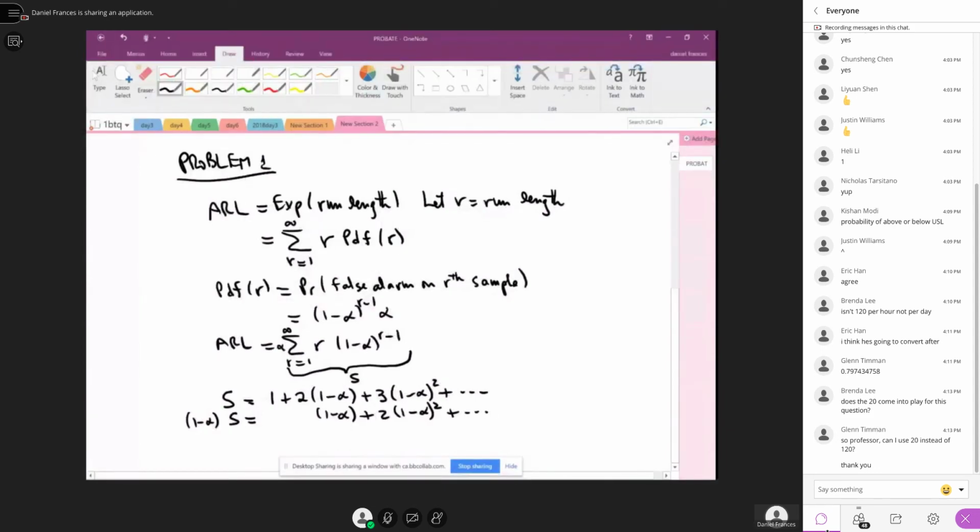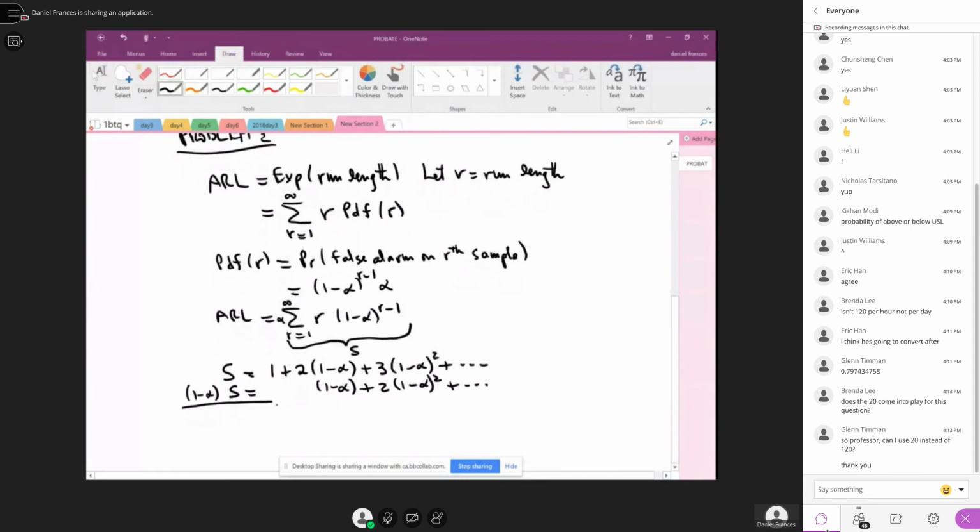And so on and so forth. Then if you take the difference, you're going to have S minus 1 plus alpha, this is going to be alpha S. You with me still? And this is going to be interesting. This is going to be 1 plus 2 minus 1 times, which is just 1 times 1 minus alpha. And 3 minus 2 is going to be 1 times 1 minus alpha squared. And so on and so forth.